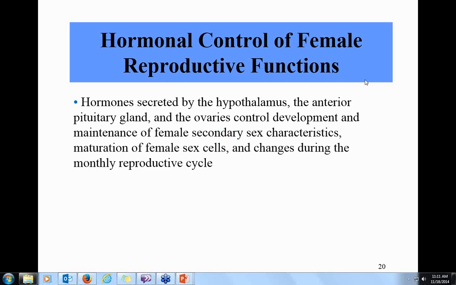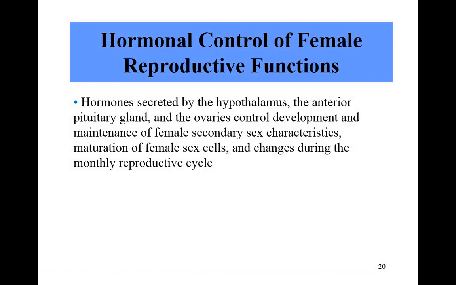So there's a little bit more going on in the female reproductive cycle, because not only does she have to produce a gamete or an oocyte, she also has to ready the uterus to house the fertilized egg should fertilization occur.